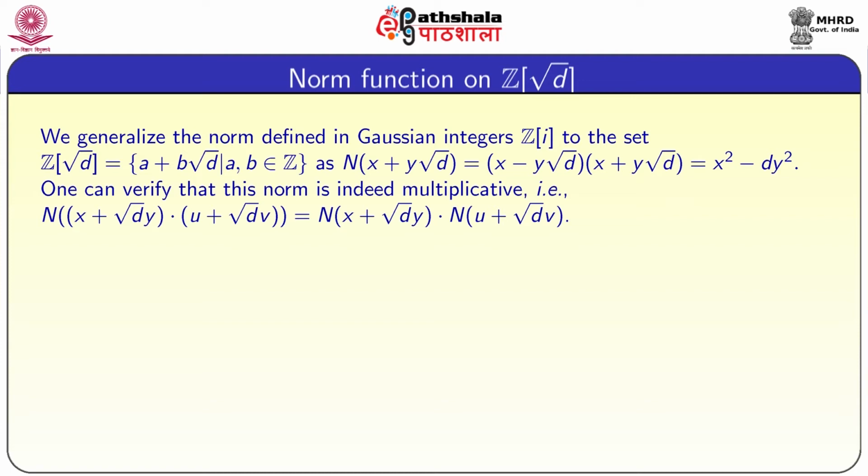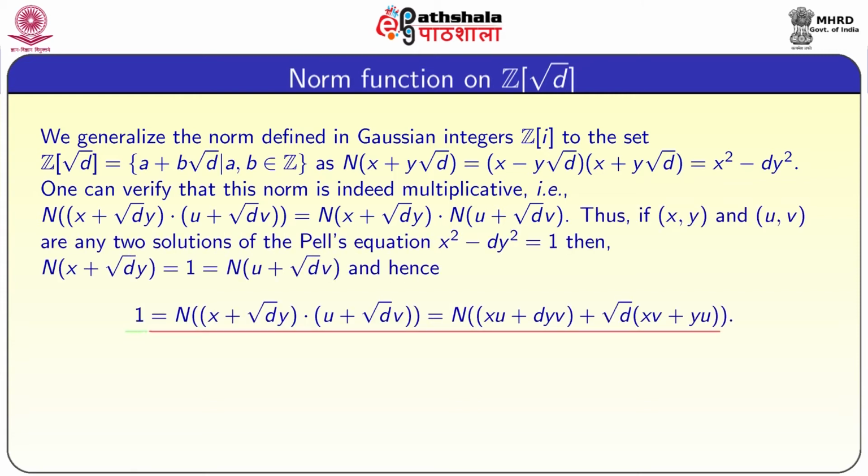So, one can verify that this norm is indeed multiplicative, that is, the norm of (x plus root d y) into (u plus root d v) is equal to the norm of (x plus root d y) into the norm of (u plus root d v).